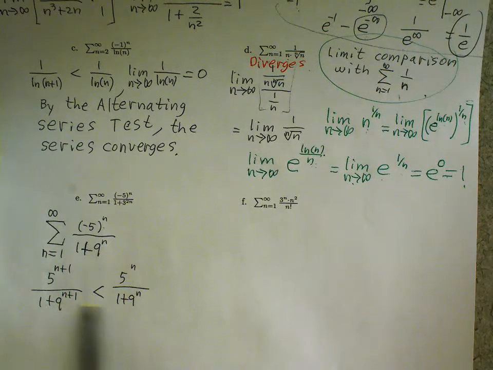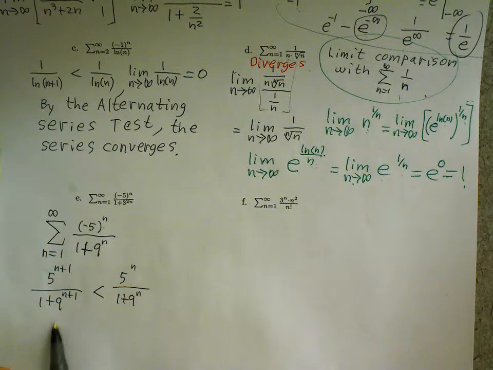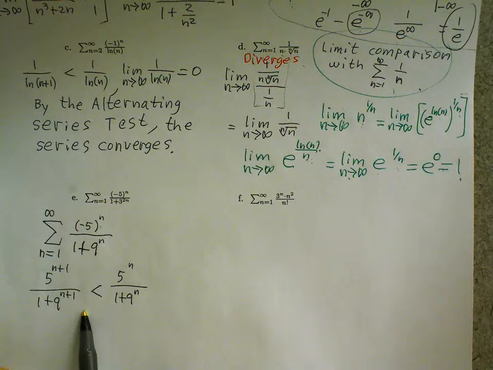In a few algebraic steps, you can show that this inequality is true. It's like 4 or 5 steps. You can be convinced that this inequality is true for all n.